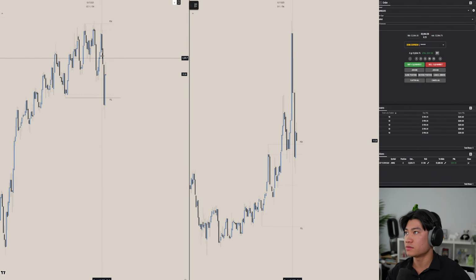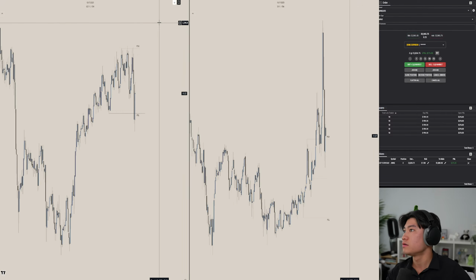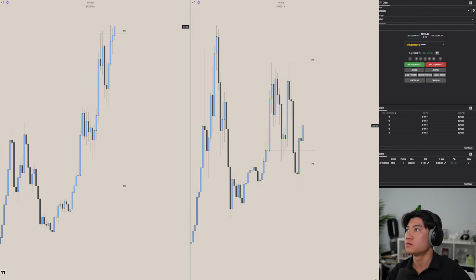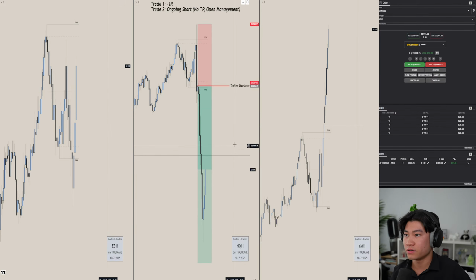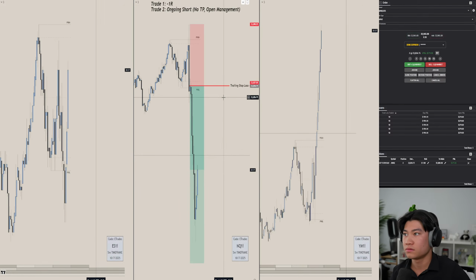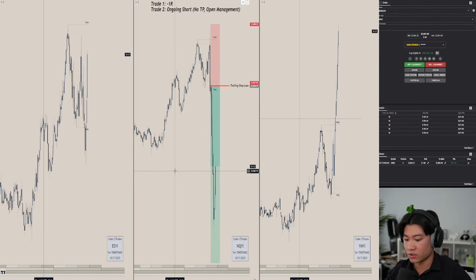You get a nice inversion fair value gap here, or even this change in state of delivery could be a good entry opportunity. Let's see how we react to this fair value gap now. And also London low. That's the key area that I'm looking for right now.